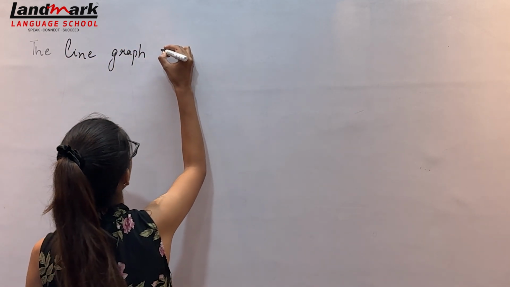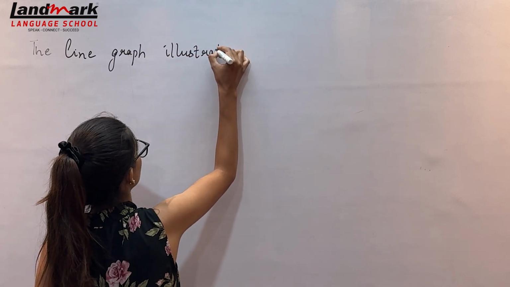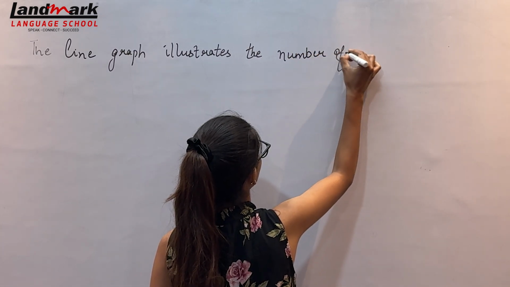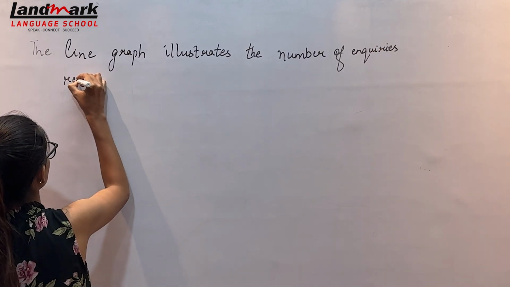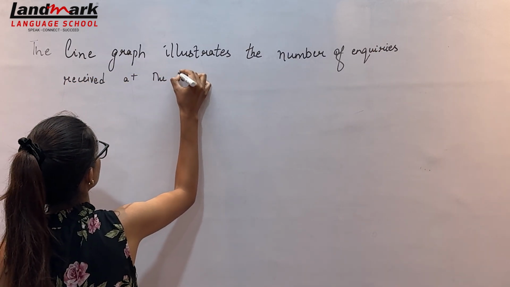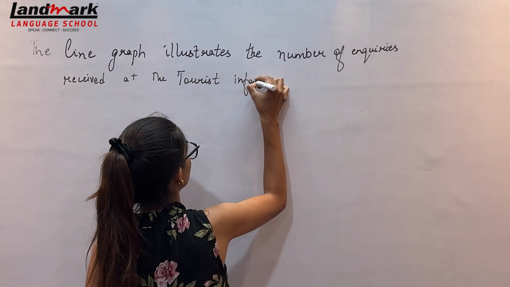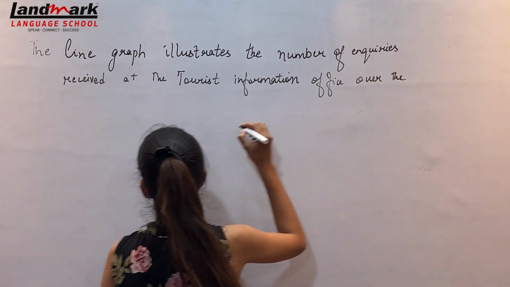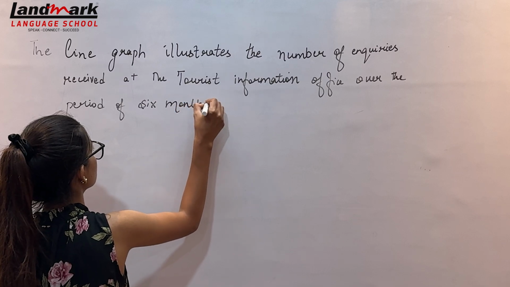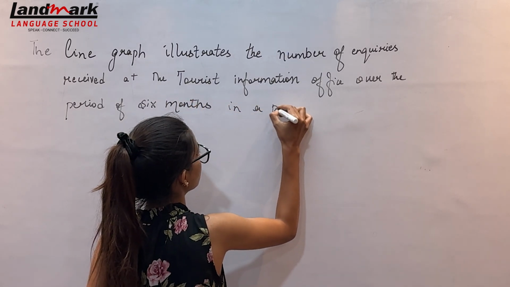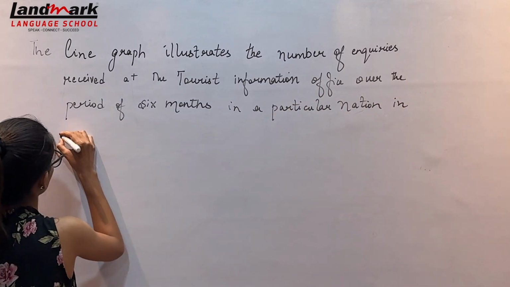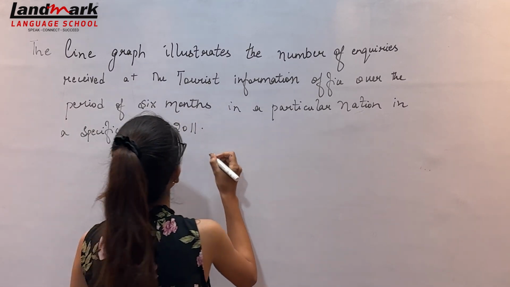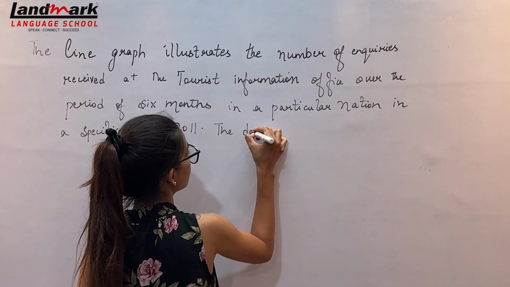Instead of shows, we will write illustrates the number of inquiries received at the tourist information office over the period of 6 months in a particular nation in a specific year, 2011.